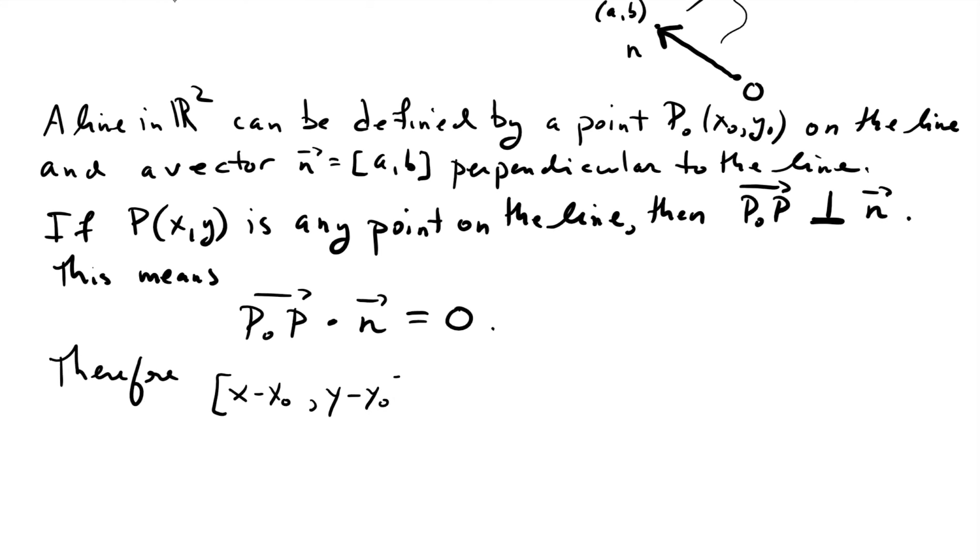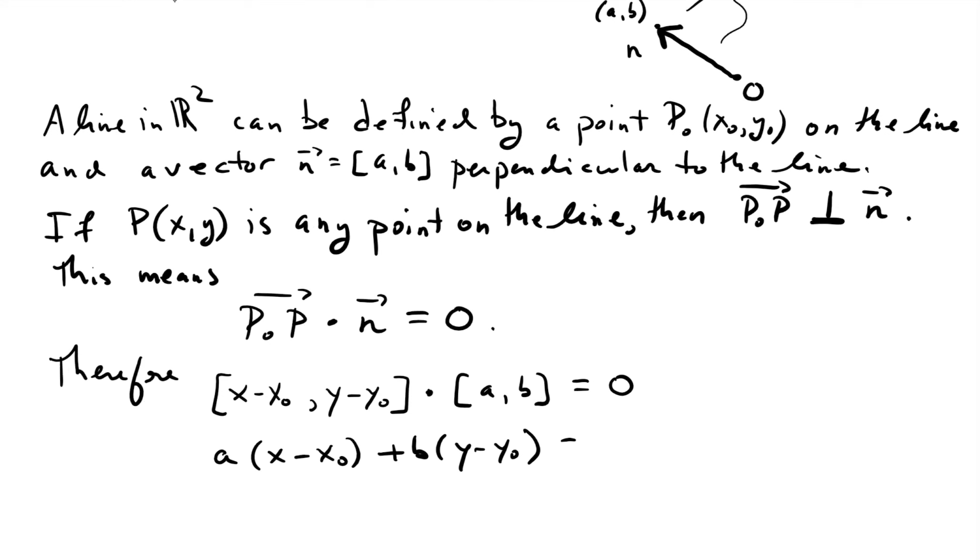So I need to subtract them, and I take the dot product with N, which has coordinates A, B, and that dot product is 0. So that means that A times the coordinate of the first vector plus B times the coordinate of the second vector is equal to 0. That's just the definition of the dot product.